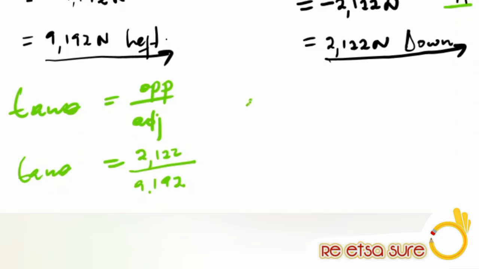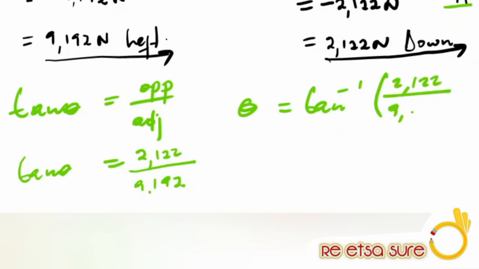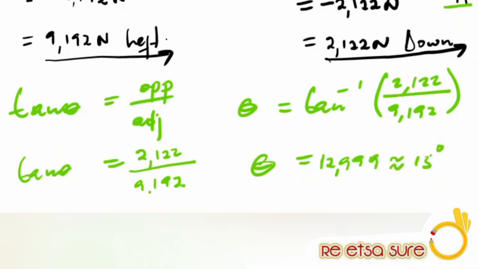Okay, so meaning theta is equal to shift tan of 2,122 all over 9,192, and then my theta there is equal to 2,122 divided by 9,192, and then my angle there is 12.999, which is equivalent to 13 degrees.